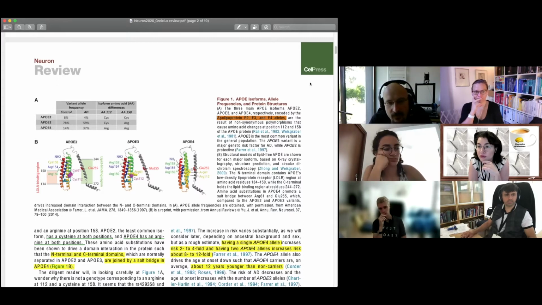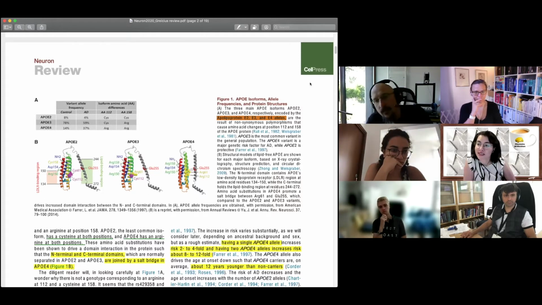What is interesting is that in the story it was completely by luck. At the beginning the gene was not linked to Alzheimer's. They found the relationship without looking for it.